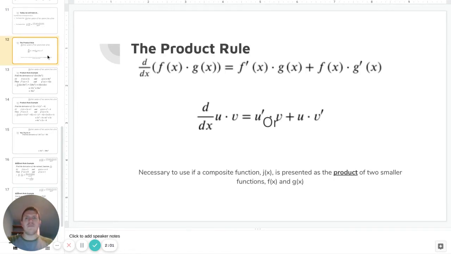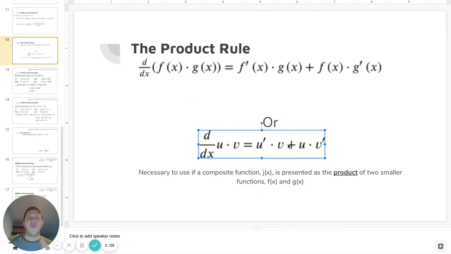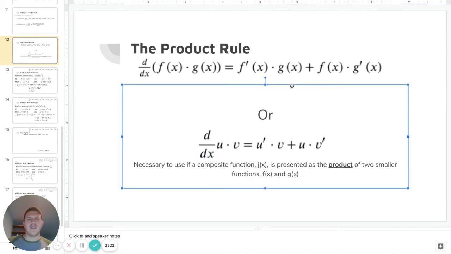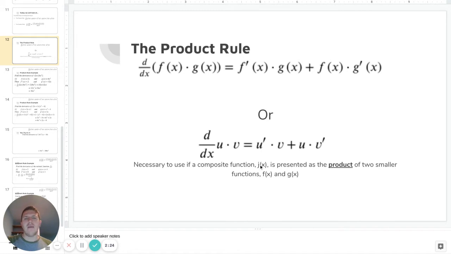So when we talk about the product rule, if we wanted to shorthand this, we could write it as two functions u and v, where we have the derivative of u times v plus u times the derivative of v. Basically, this is necessary for any composite function.